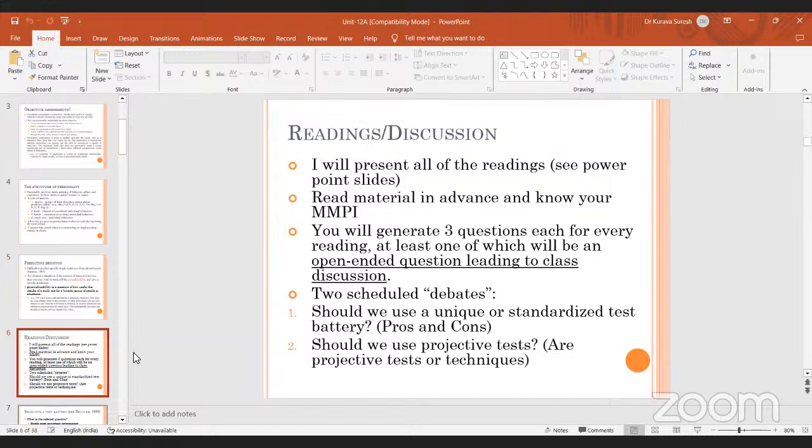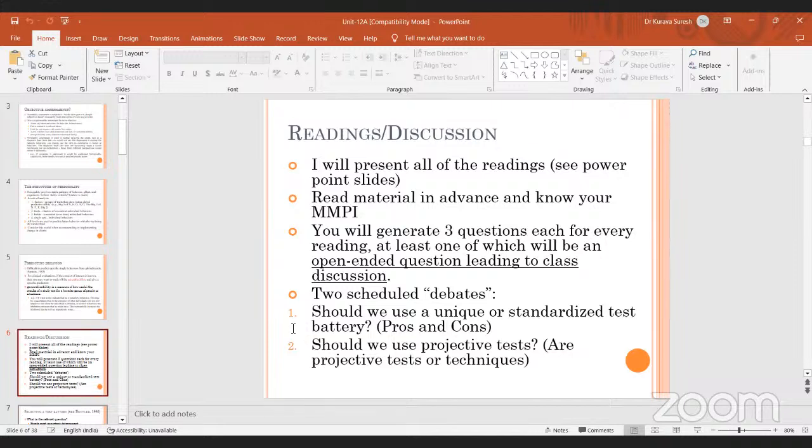Another one regarding the discussion: read the material in the PowerPoint slides on the advanced test known as the MMPI. You will generate three questions regarding the last five, each one open-ended, with learning of classification discussion.